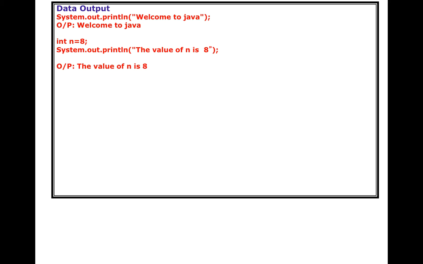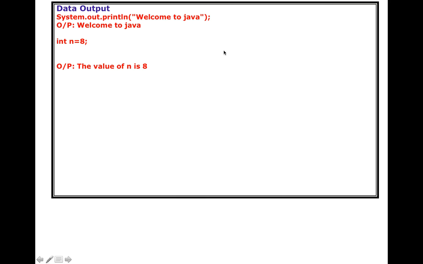The answer is no. This print statement will display the value of n is 8. But still, you should not write this print statement because please realize n is a variable. Its value can keep on changing. So if the value of n becomes 9, this print statement will still print the value of n is 8. So this is not the best thing to be written.